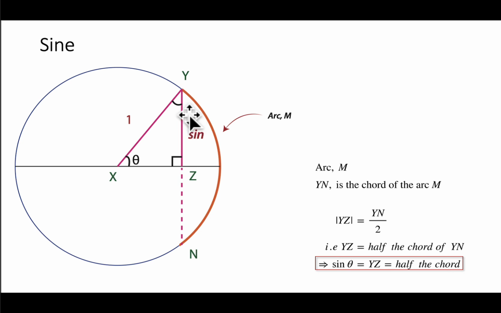So you remember, this is the arc, and YN is the chord, and the half of the chord is the sine of theta.